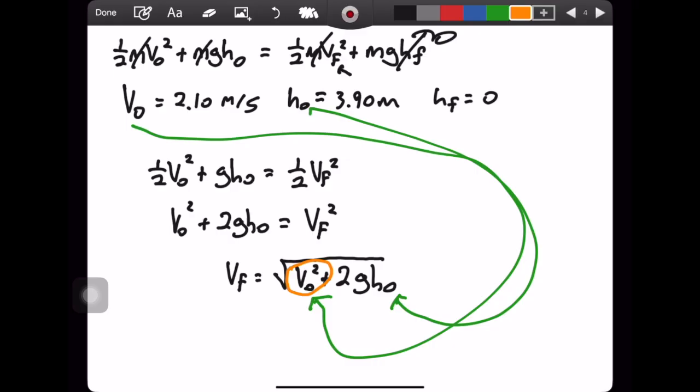The magnitude's the same, just the direction is different, because the only thing providing a force here, and therefore doing work here, is gravity. So whether the person jumps straight up or straight down, you're going to get the same final velocity when they splash into the water.